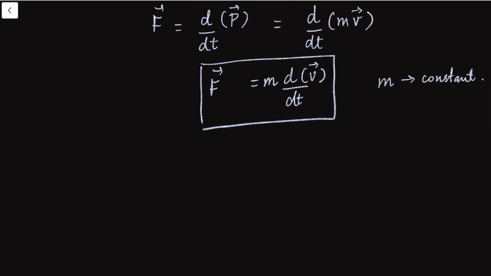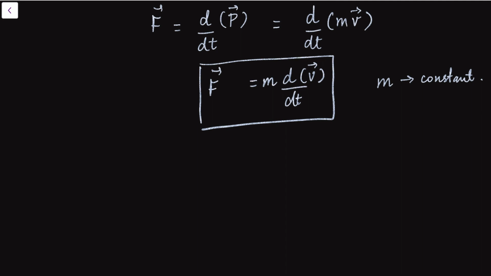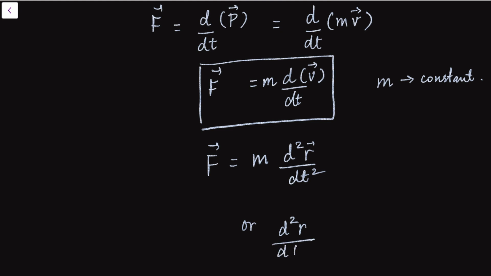For example, if we change velocity to displacement, then force can be written as m d square r over dt square, or d square r by dt square can be written as the acceleration.